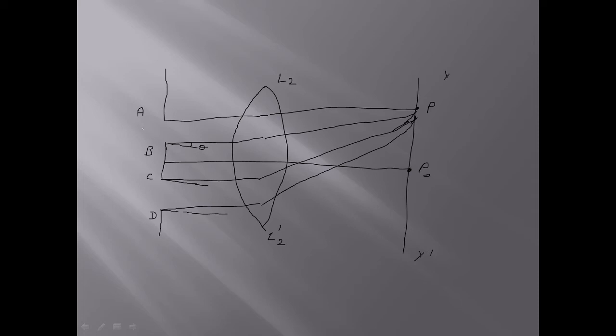Now let me find out the path difference of rays reaching at point P from point A to point C, and this is the slit width. This one is the distance between these two slits. To find the path difference, let me draw a perpendicular from A to C dash.